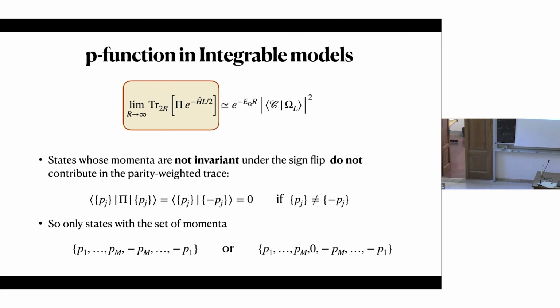So which set of momenta will survive this condition? It's the sets of momenta like this. If I reflect, p goes to minus p, that goes to itself, or I can include a zero-momentum particle. So when I do this sum, only states of this type will survive.